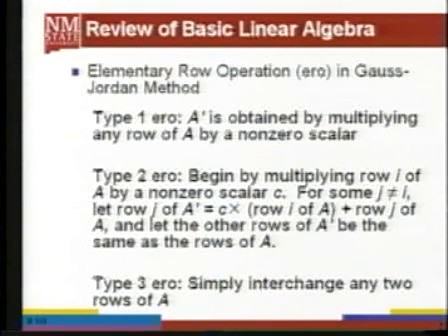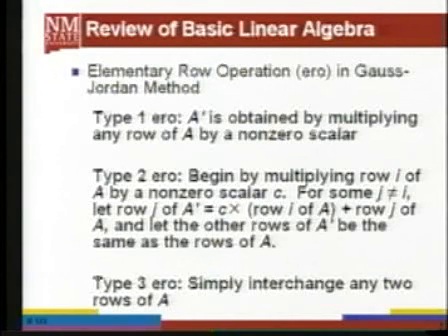So type 1 elementary row operation is called the row multiplication transformation. That is, each element in a row can be multiplied by a non-zero scalar. And type 2 elementary row operation is called row addition transformation.